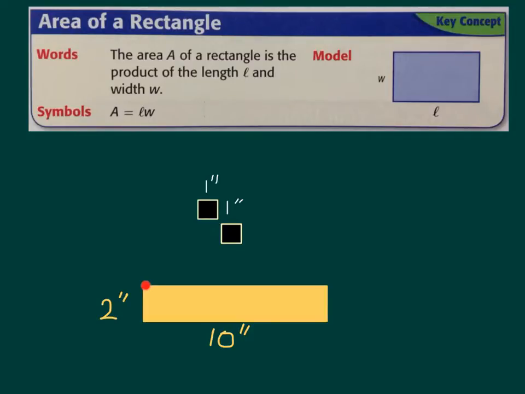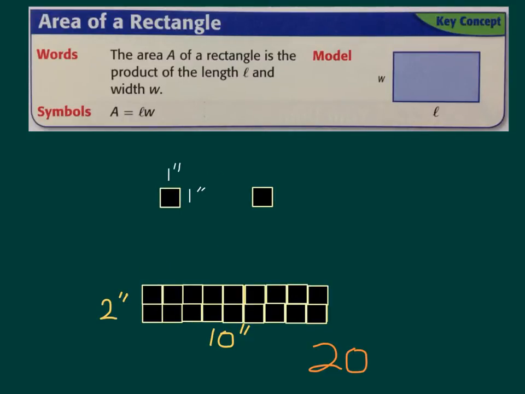So if I needed to find the area of this rectangle here, I see that this rectangle is 2 inches long and 10 inches wide. What I would want to know is how many 1-inch squares fit inside of this box. When I cover that rectangle, like I've done here, I find that there are 20 of these squares that fit inside of it.